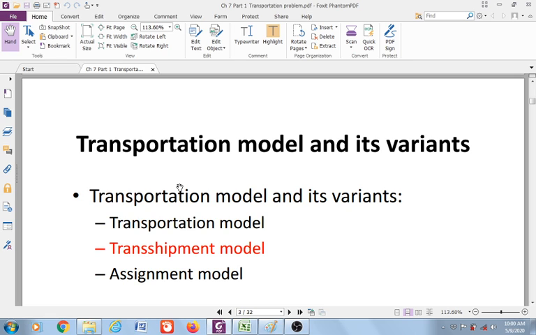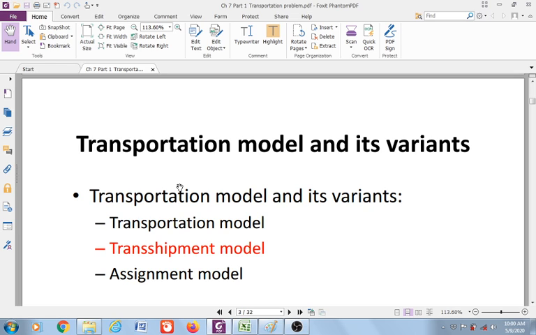We will apply a special algorithm which is designed to solve the transportation model and its variants. The algorithms are based on the simplex algorithm too, but they are more efficient compared to the regular simplex algorithm.